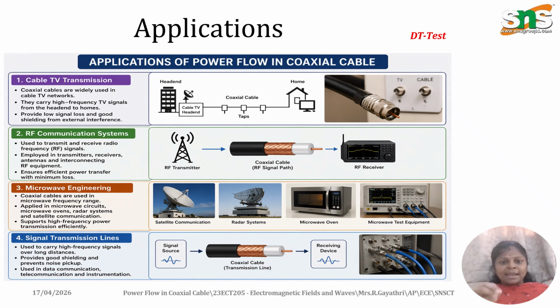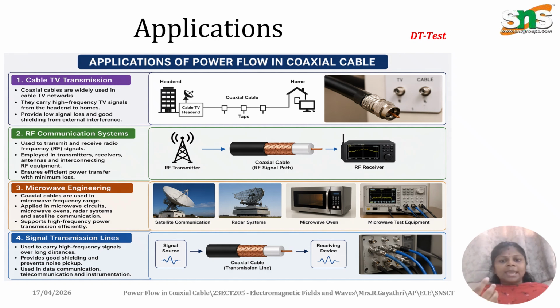The cable TV head end is connected to a parabolic dish antenna. From there the coaxial cables are buried in the soil and directly reach our home TV. It also provides low signal losses and good shielding from external interference.